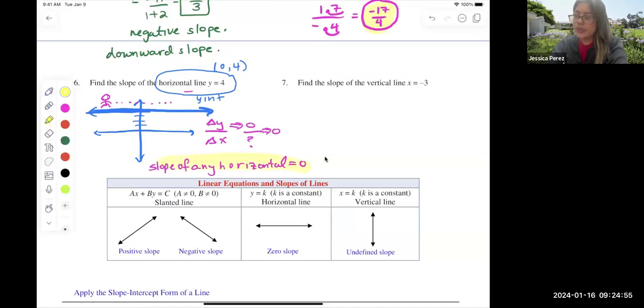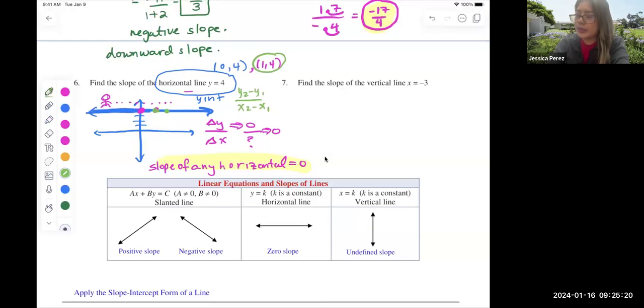You can also select a point from here. You can select a point, let's say 0, 4, and then maybe 1, 4. 1, 4 is also on my graph. Then I can say, okay, well, that's y2 minus y1 over x2 minus x1. How did I get 1, 4?